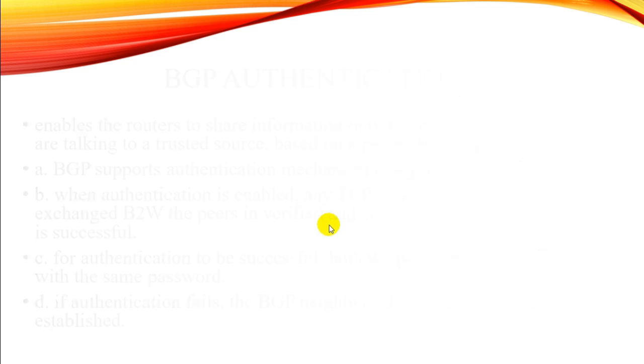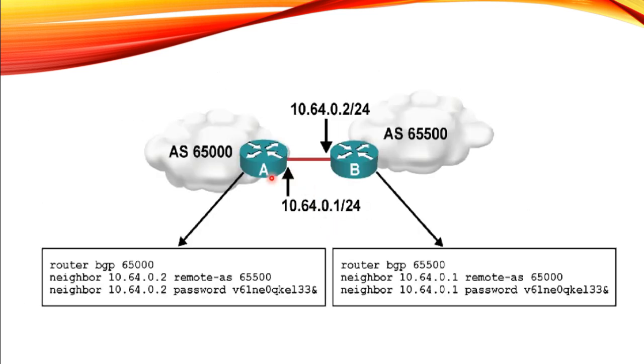So I'm coming to the next slide. In this picture, we can see that two neighbors are connected directly with physical interfaces, and these two routers or peers belong to different AS, and we create an eBGP neighborship between these two routers, and the IPs are also specified and assigned.